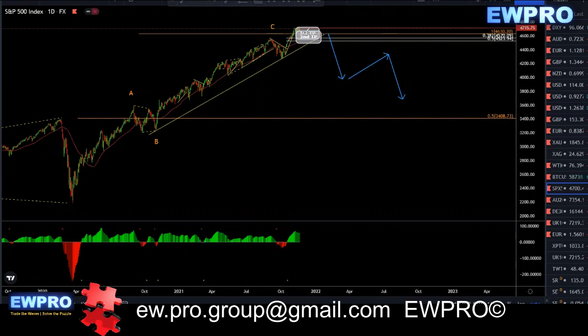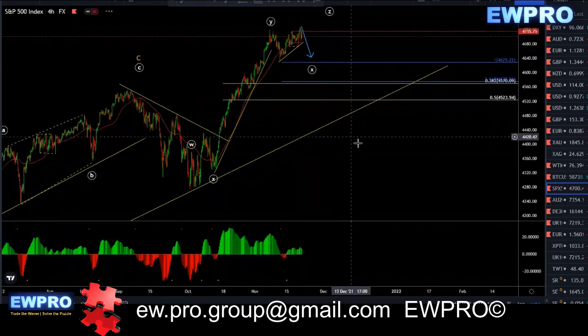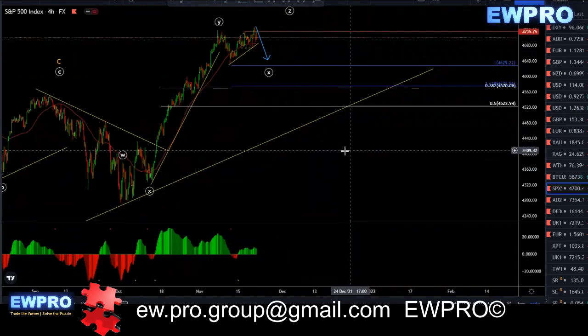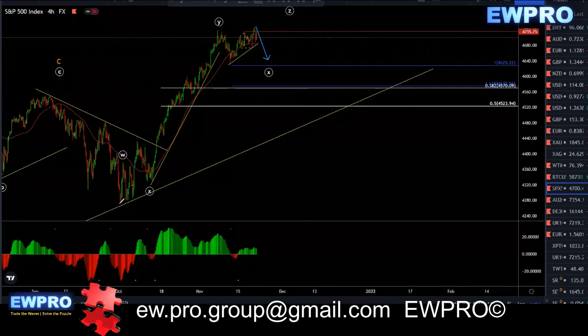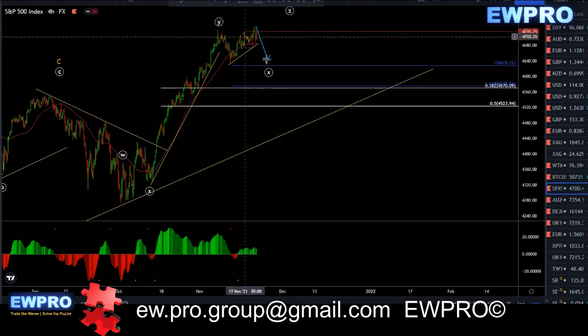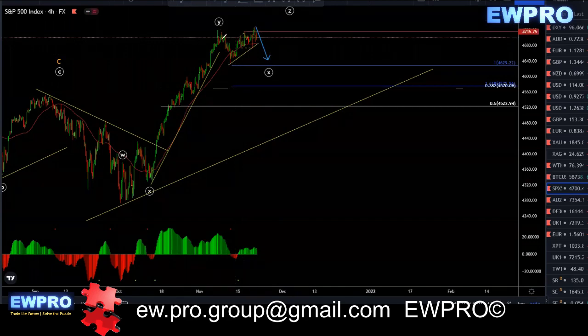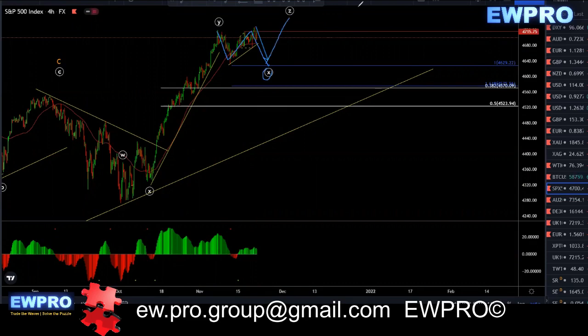I do have targets on here for a TradingView idea that I did. On the H4, we're looking at W, X, Y, X2, and then the Z up. Still looking for this as a correction in here, an A, B, C in X2, before we get another one up.